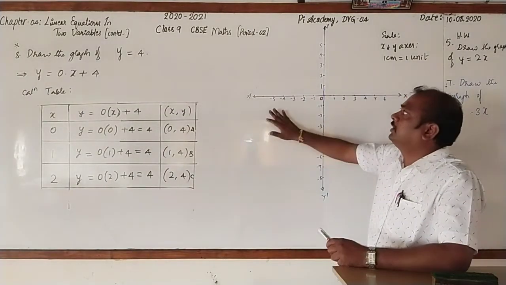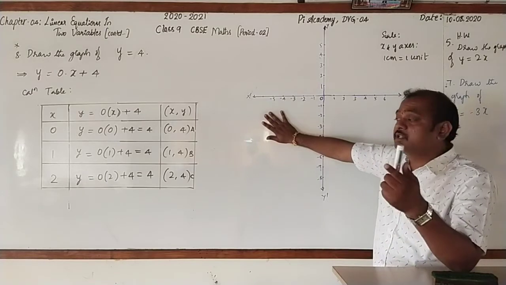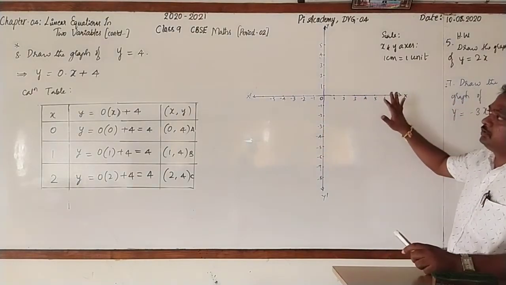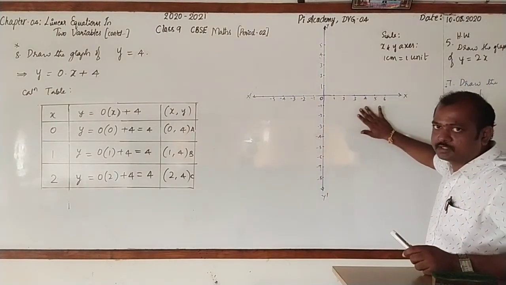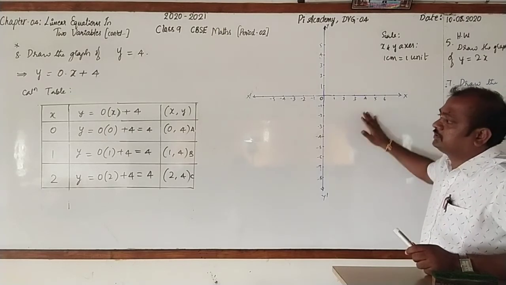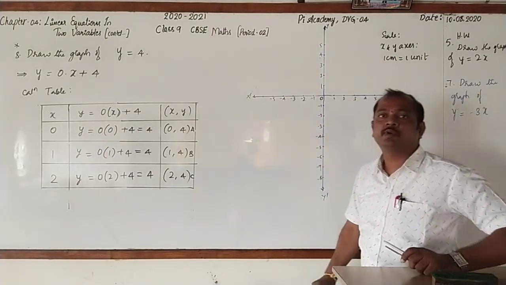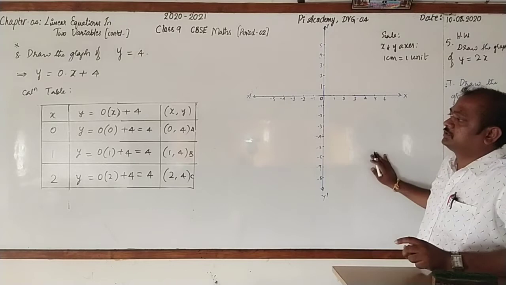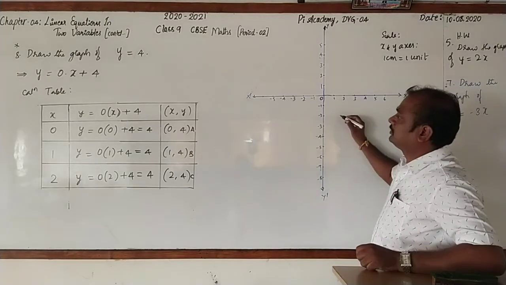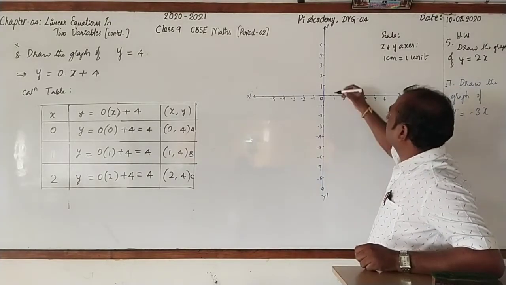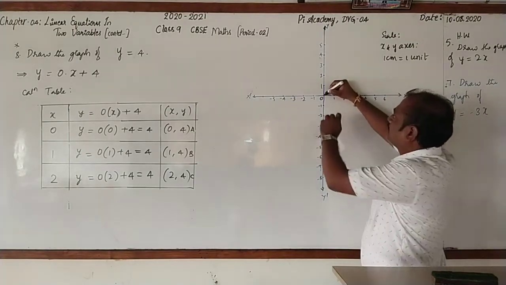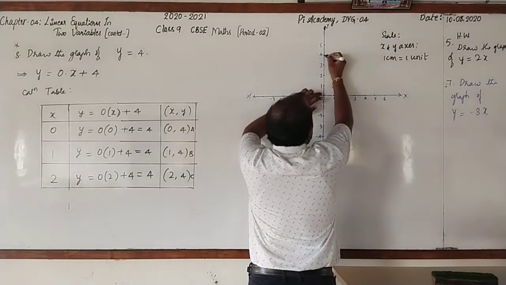Over. Now, pausing the video, you have to draw the x and y axis. After that, let's go for locating these points. First, A. Observe it. A is 0, comma 4. x is 0, y is 4.